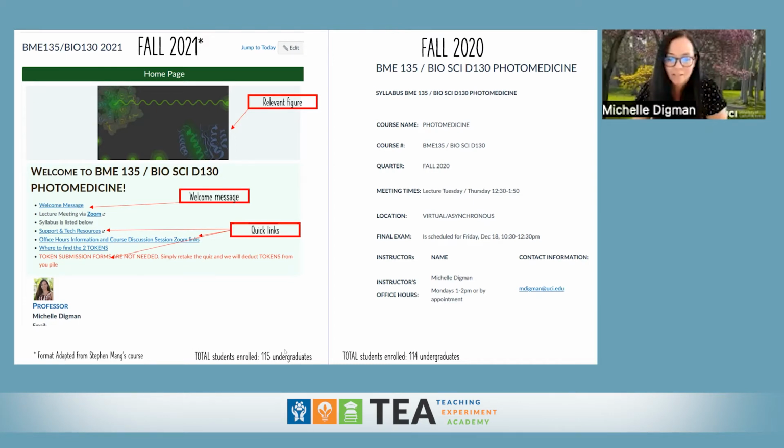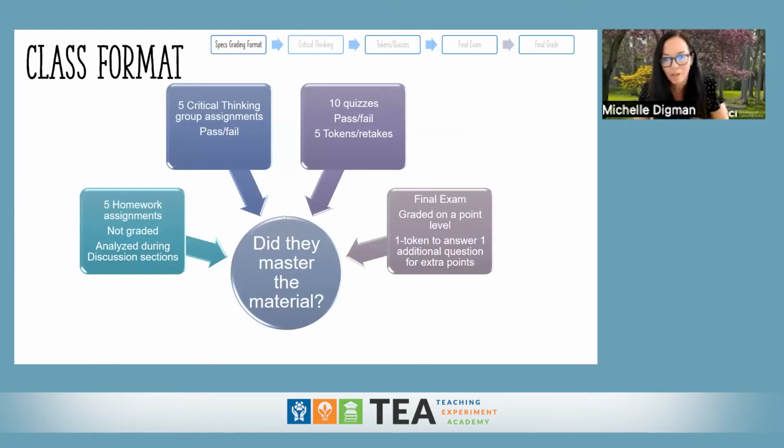Most of the BME students that take this class are getting a special concentrated undergrad degree in biomedical engineering, and 30%, the rest, are biosci. This is cross-listed with biosci D130. So it's not one of the core classes that's required, but there are a lot of students in this class.